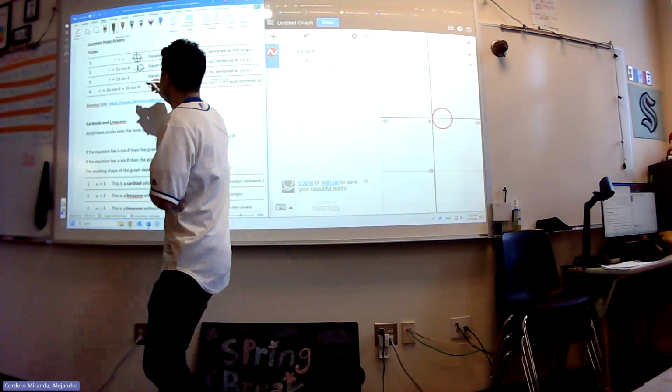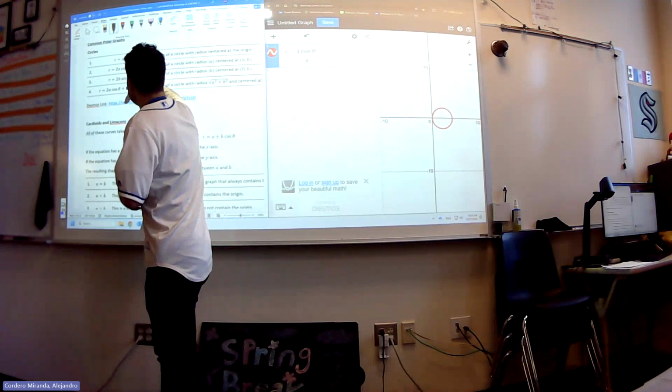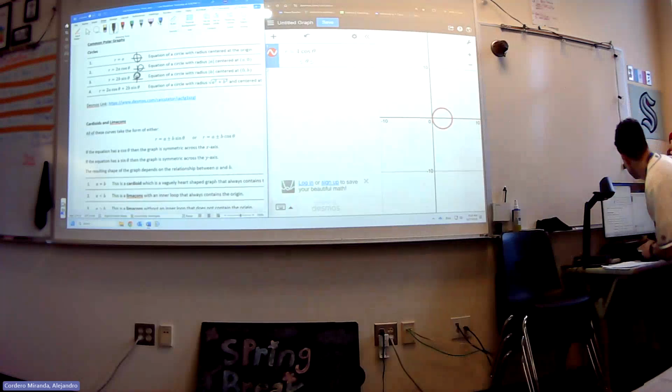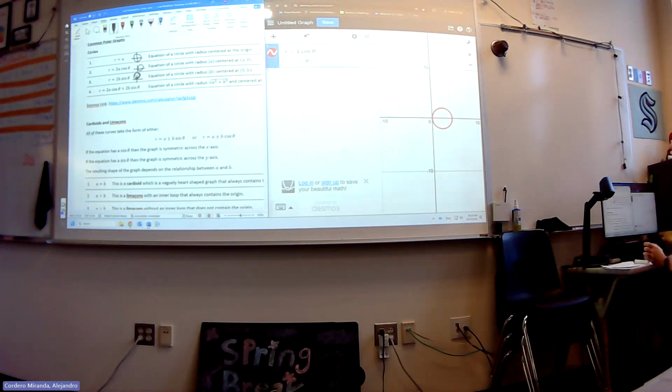Sine of theta would be the same thing, but the circle is up here, not shifted exactly, but still touching the pole, just resting on the x-axis, like that for sine of theta. If it was 8, it'll just be bigger, but still resting in the same place.